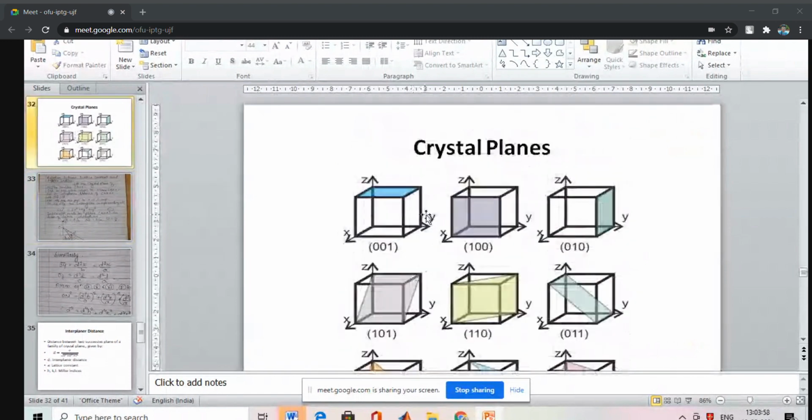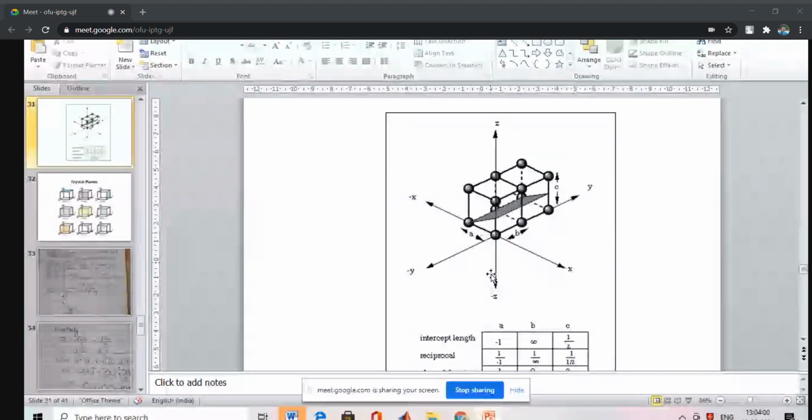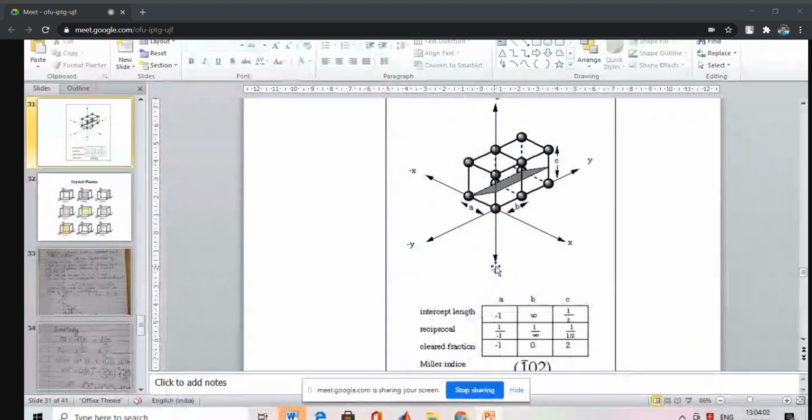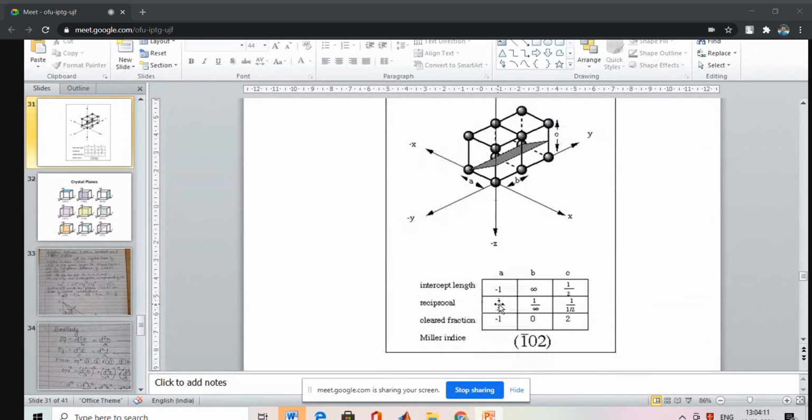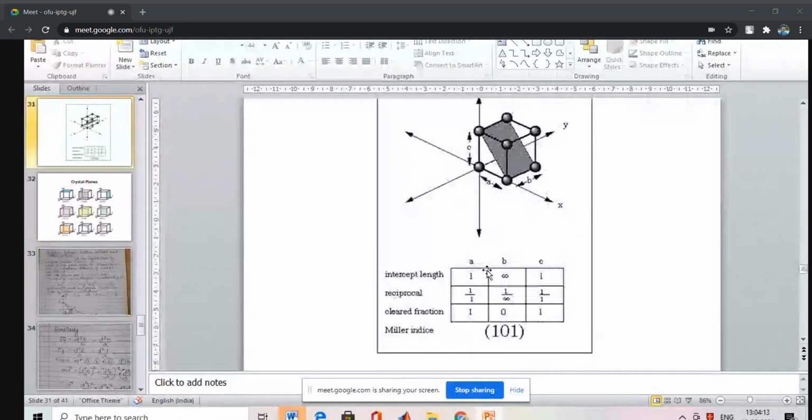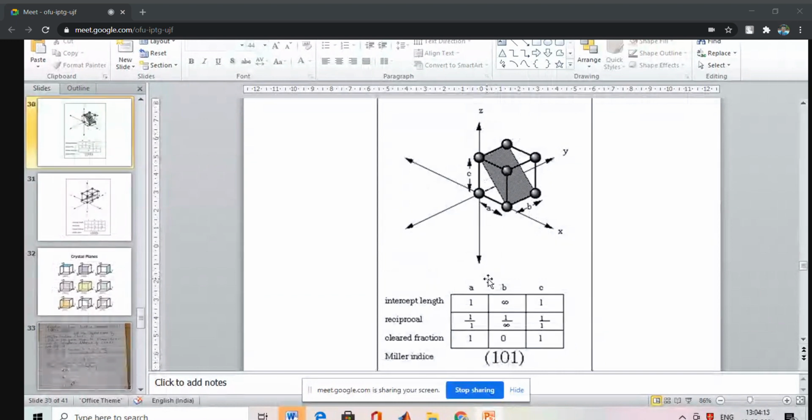Yeah, first one, see here. Here from the Miller indices, we can write the intercept. How? By taking the reciprocal. Reciprocal of the Miller indices. But here we are taking, suppose for the 100 plane, we just take the reciprocal as 1 by 1, because here we are considering the unit cell of the crystal having unit dimensions, that is, the lattice constant is 1 unit, so it is 1 by 1.